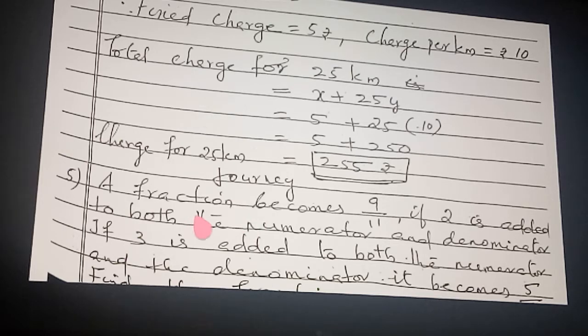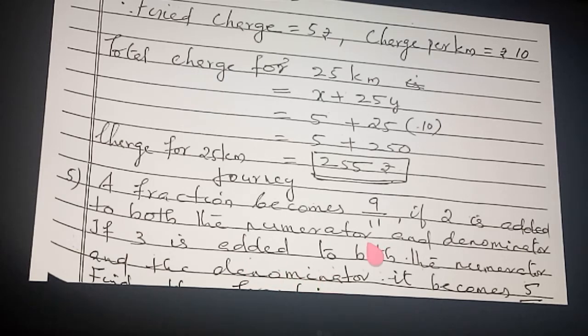First of all, you want to know how the fraction is written. Fraction is always in the form numerator by denominator. A fraction becomes 9 by 11 when? Second sentence, read. If 2 is added to both numerator and denominator.